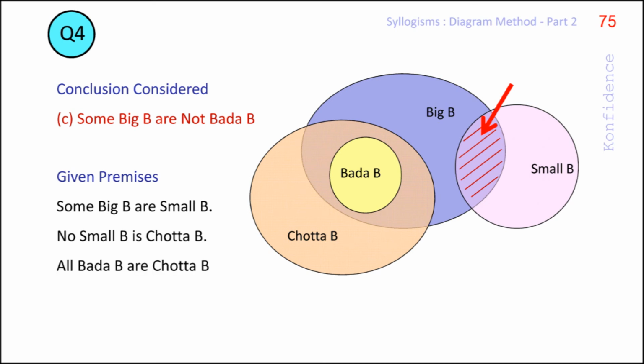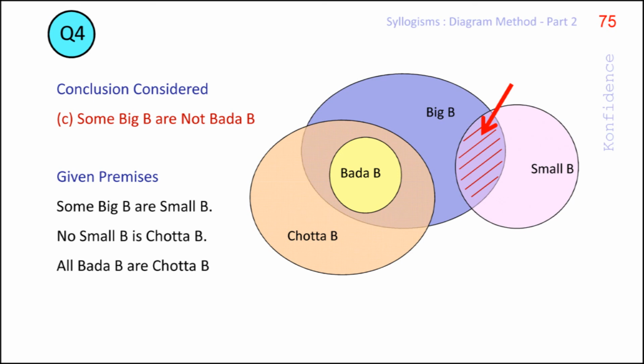As per the third premise, all Bada B are chota b. So Bada B can move around and expand or contract within the space of chota b. But it cannot move outside chota b. Now, as there is a part of big B with which chota b cannot overlap, Bada B also cannot overlap with that part.